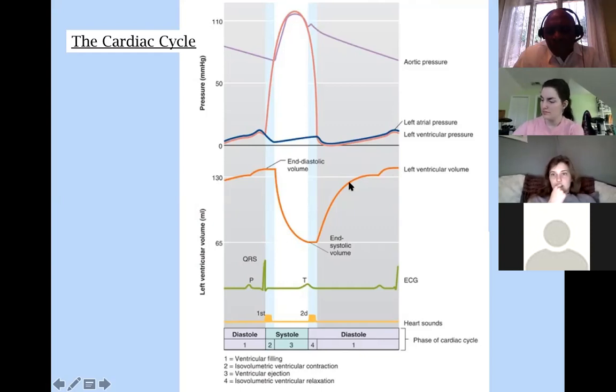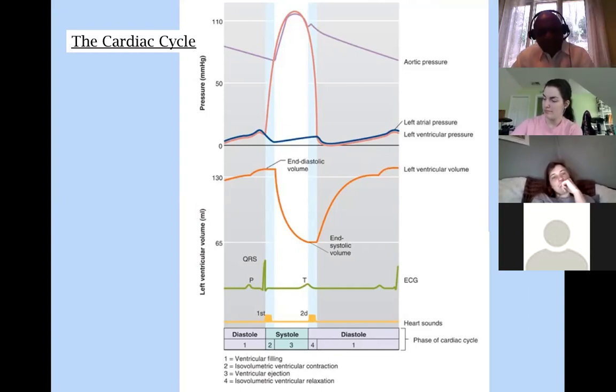At 80%, you have 130 mils, okay? And then we go to this part here when it's completely full at 135, and then it's ejected. So this is the ejection, the volume drops, and then it starts filling again. And then it's topped up.